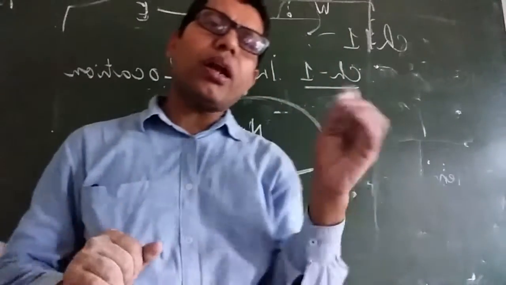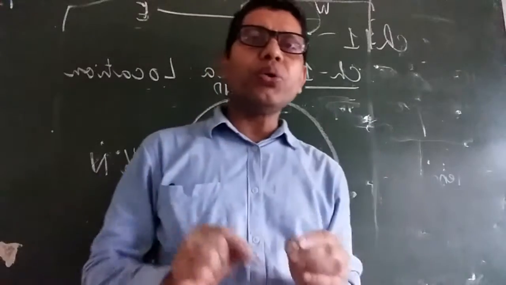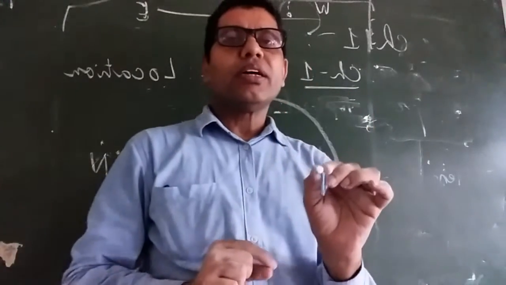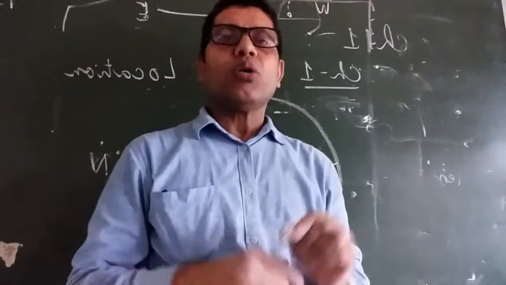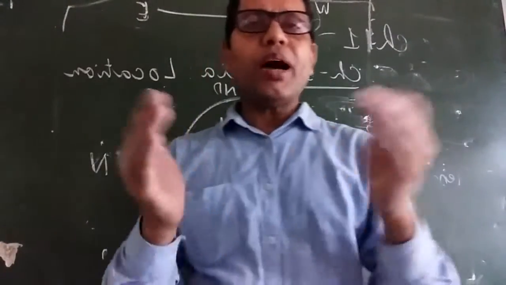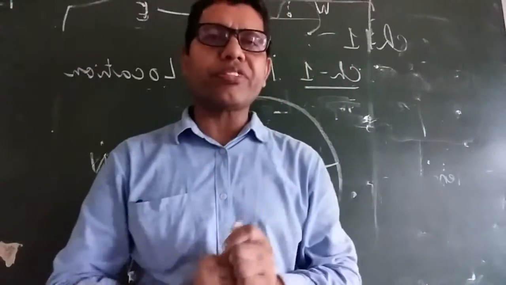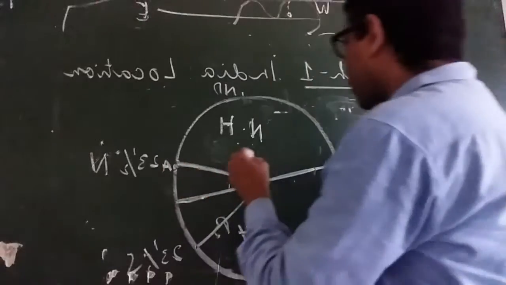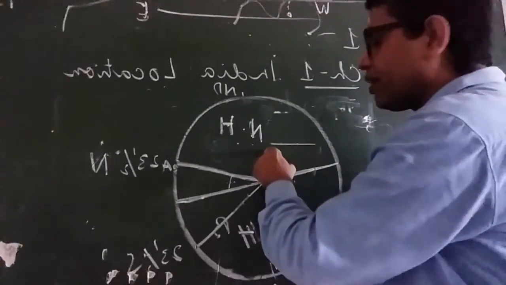Now from the equator, the counting of latitude starts, at 0 degree latitude. I must tell you about distance. We have two types, linear distance and angular distance. Suppose when we measure this line, this is linear distance.